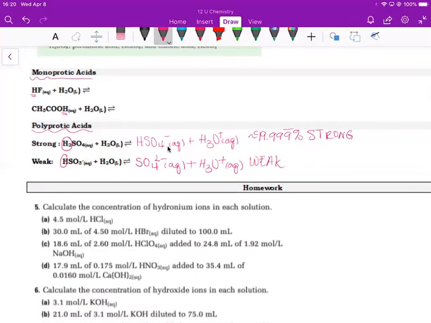And think about it. This here is the negative anion. A negative anion losing a positive proton, it doesn't want to do that. Okay, positive and negative attracts. So why would it want to lose the second one? It won't. Okay, well, it'll lose it, but a very minuscule proportion.